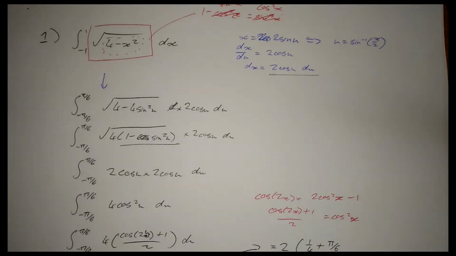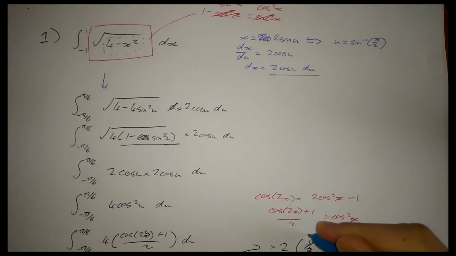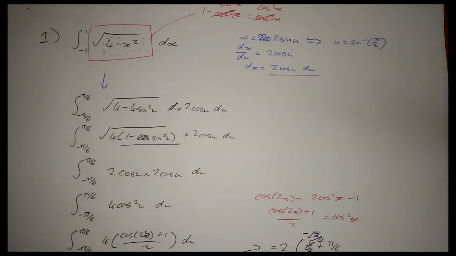And then, so this goes to sine, big derp. So that'll be a half sine pi on 3, negative half sine pi on 3, and then that would be root 3 on 4, right? Because a half times root 3 on 2, plus pi on 6, and then just do it for the other side as well.